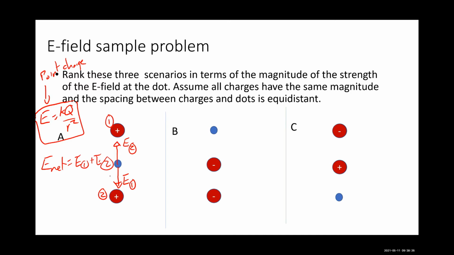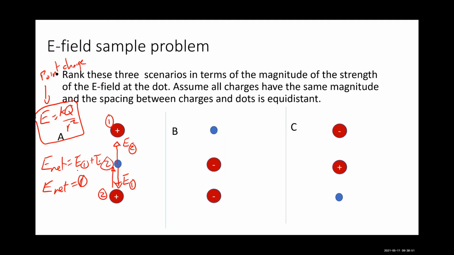If I do a vector sum of this, it's going to cancel. My computer is malfunctioning, but that's okay. So E net equals 0, right? If I do tip to tail, adding them like I did there, it's going to be 0. So we know in scenario A, the net electric field at the blue dot is 0.